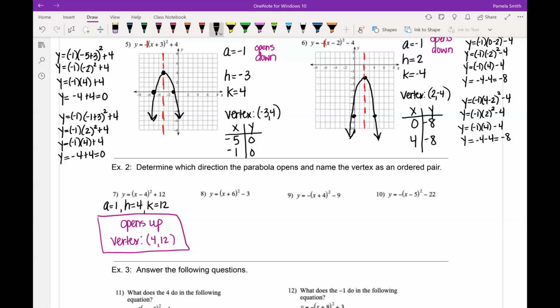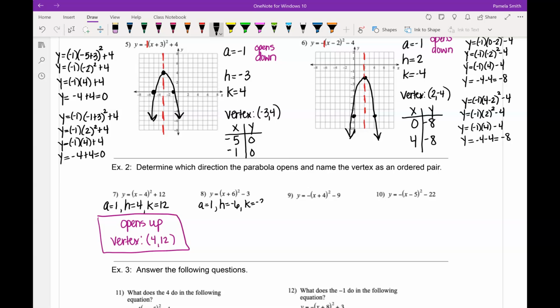Number 8, y equals the quantity x plus 6 squared minus 3. What is the value of a? Remember, it's whatever's outside the parentheses. That's an equal sign, not a negative. So this one, A would equal 1. What about H? If it's x plus 6, what do we know about H? Negative 6.